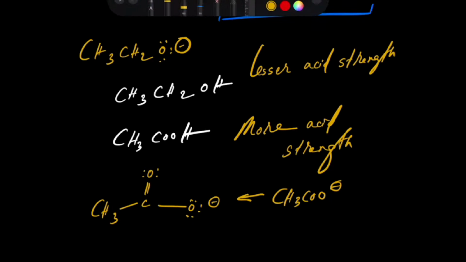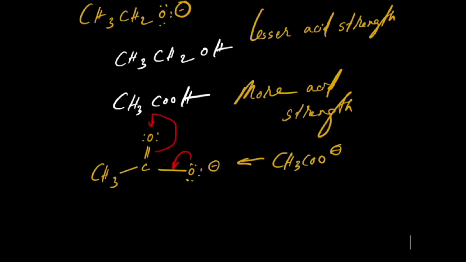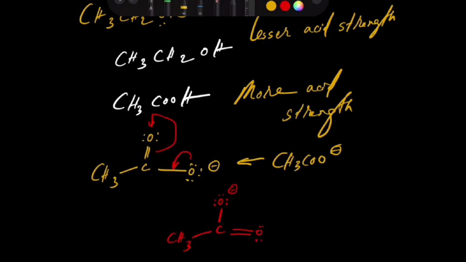Now here there is delocalization or resonance. Delocalization means this can come here and this can come there. So I'm drawing the structure again after resonance. This will become a single bond, this will become 3 lone pairs, this will become a double bond. So this will become neutral. Now this negative charge is shared by these two oxygens.